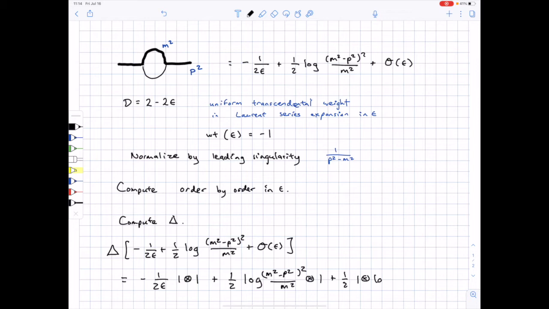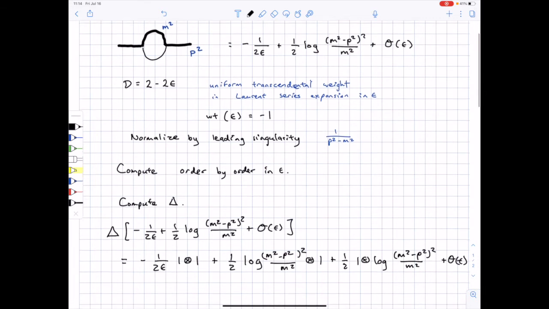Minus one tensor log plus order epsilon. Fine, and we could go to as many orders of epsilon as we like, or as we're able to.